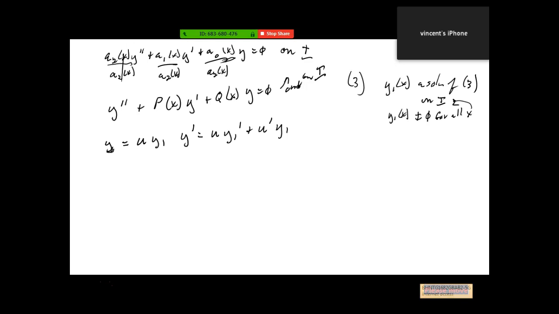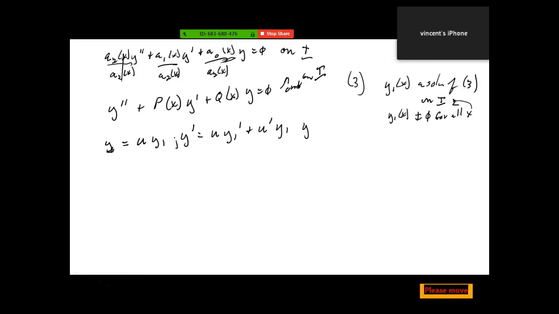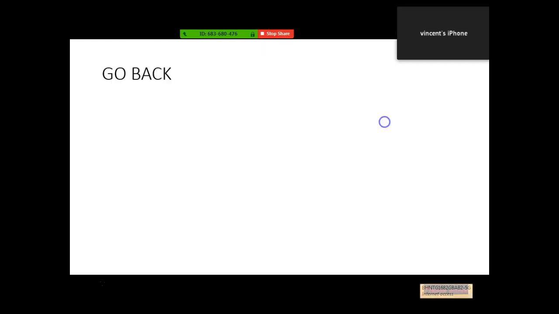I hope so. Let's go on to the next step and do y double prime. Okay. y double prime will then be, take a derivative again, u y1 double prime plus u prime y1 prime.